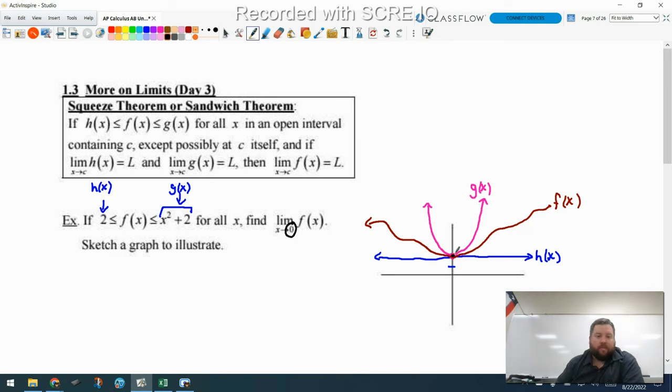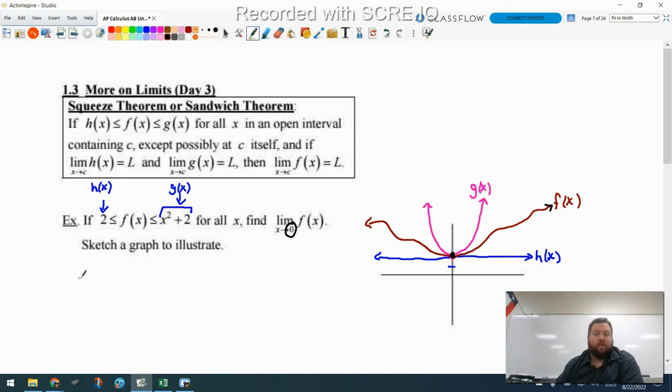Well, that's this point right here. And this is the important thing. The squeeze theorem means this function is going to be squeezed down into one point. You see how g of x and h of x both intersect here at (0, 2)? Well, that means f of x, since it's in between these two, has to squeeze down to that same exact point.